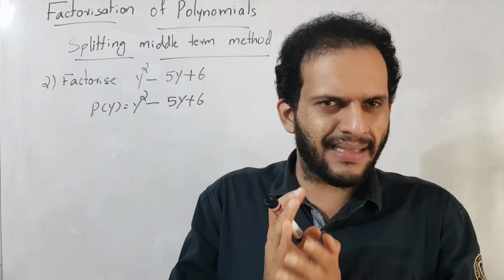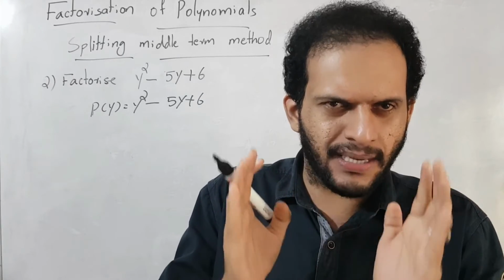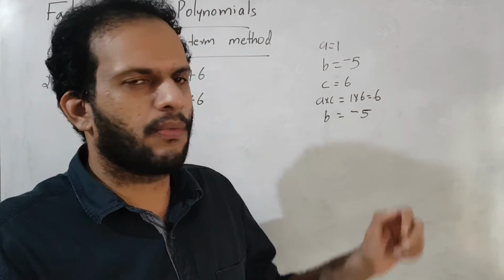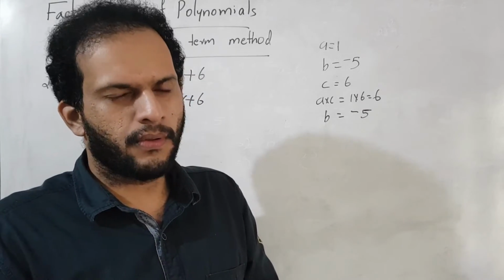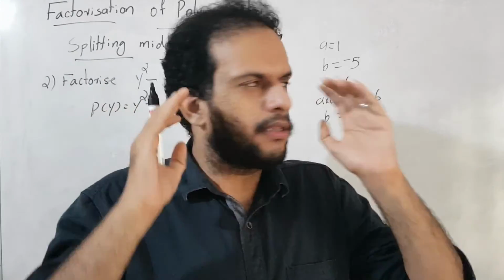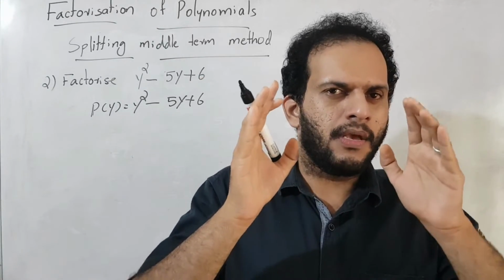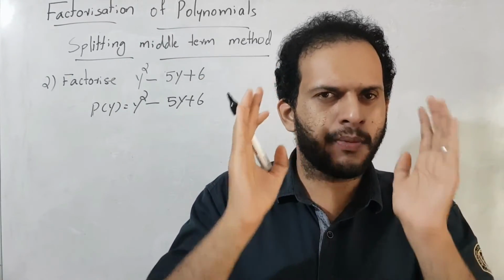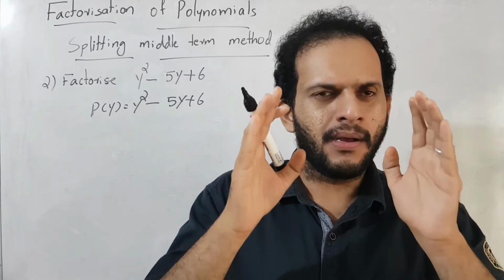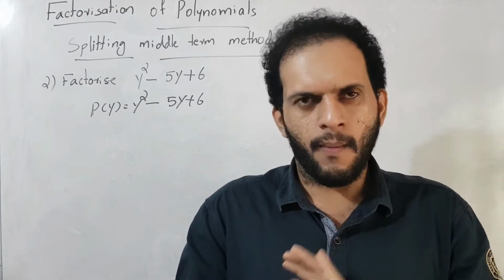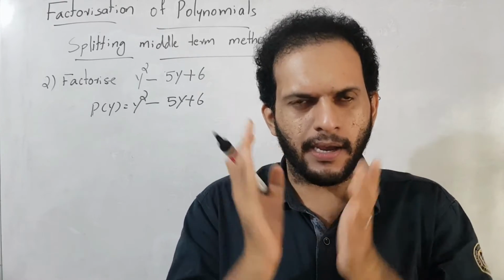Same sign means they are negative, otherwise we never get the sum equal to minus 5. The product is plus means that the signs of the numbers are the same: both plus or both negative.